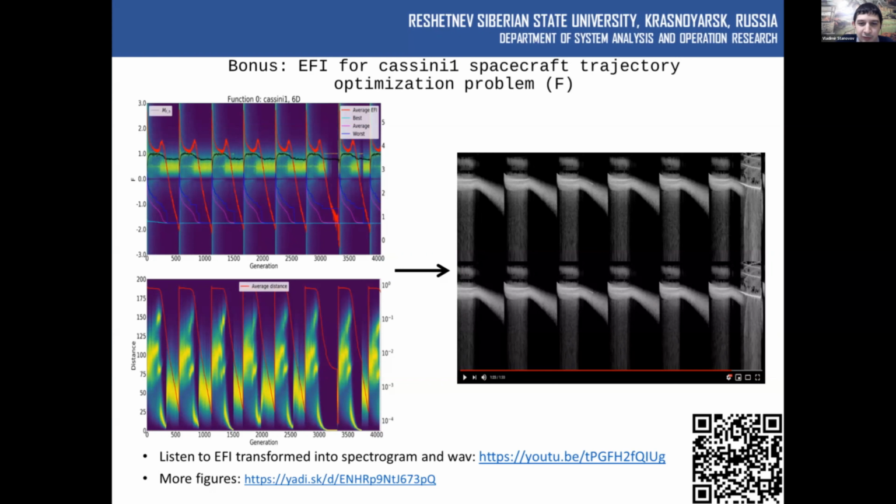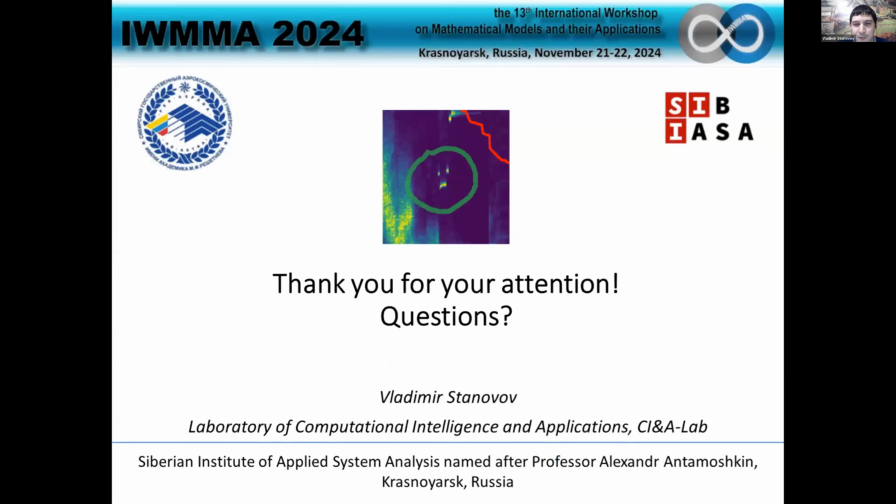You can consider them as a spectrogram and transform the spectrogram into a sound wave, and you can listen to how differential evolution performs its search. So feel free to use the QR code and listen to differential evolution, but I warn you, this doesn't sound very nice. Okay, thank you for your attention, and I will be glad to answer your questions.